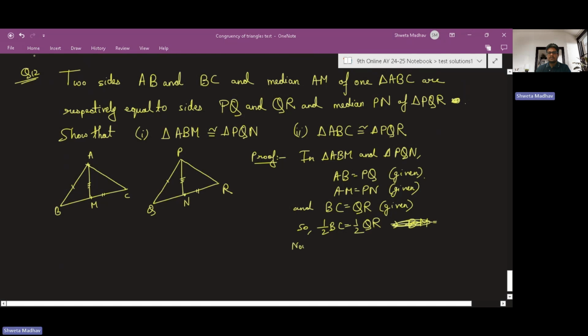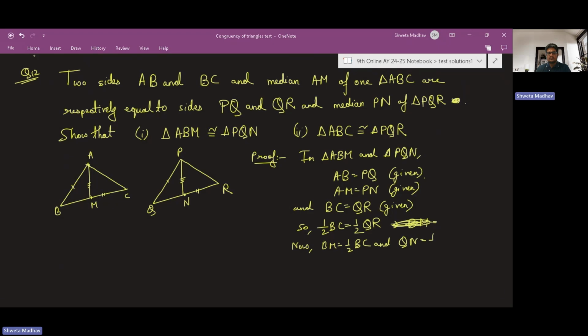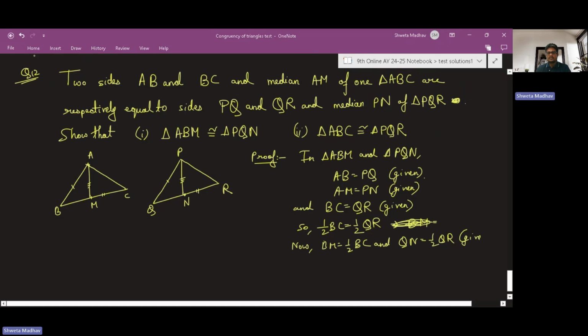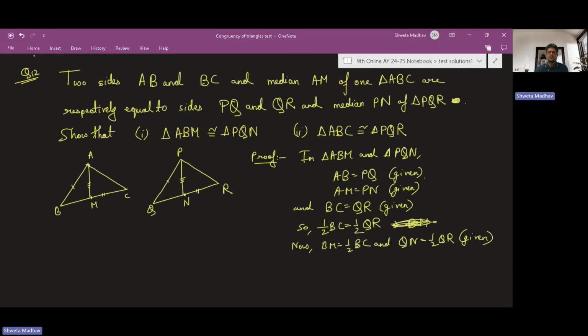Here you can see that BM is equal to half of BC, and obviously QN is equal to half of QR. Since AM is the median on BC and PN is the median on QR, M is the midpoint of BC and N is the midpoint of QR.